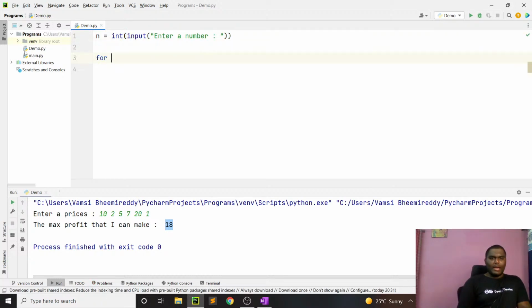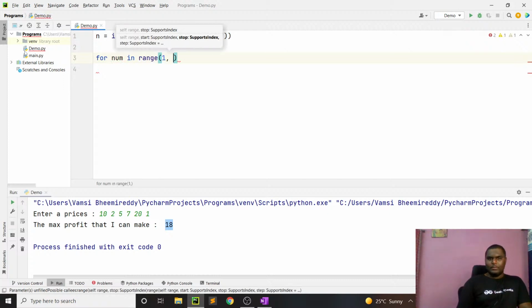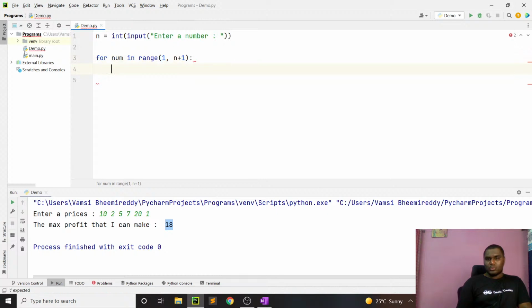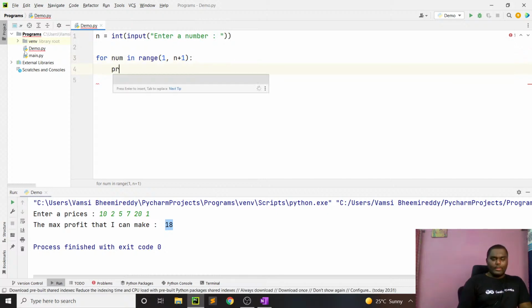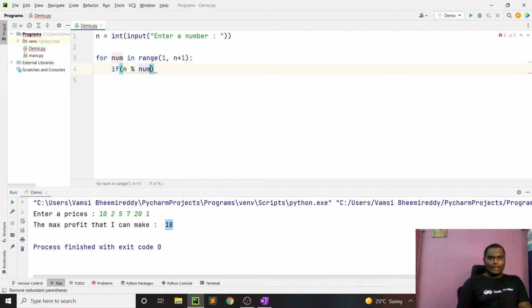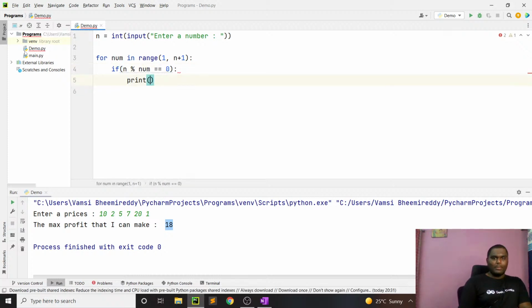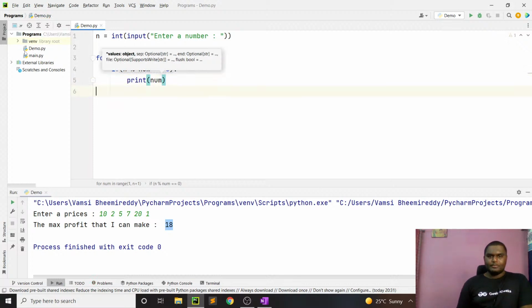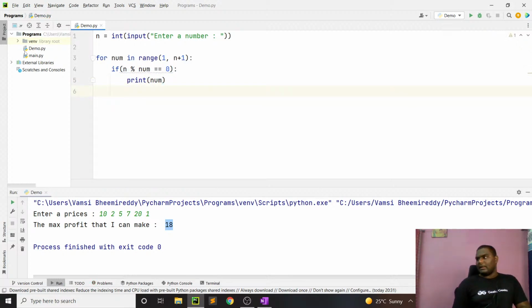Now you need to write a loop for num in range, starting from 1 and traversing till n plus 1. You check whether n mod the current number is equal to 0. If that is true, then you can simply print num. Done.